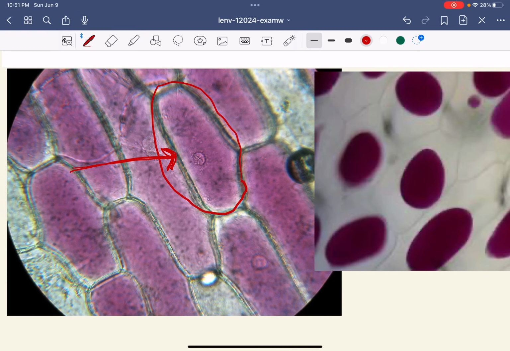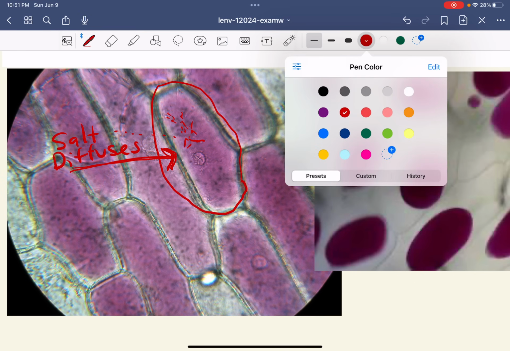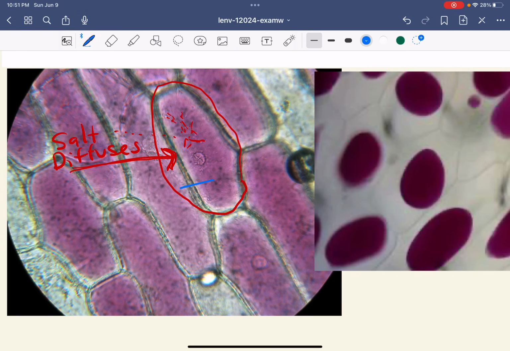The salt diffuses into the onion cell, okay? And in order for the salt to fit in the onion cell, water has to diffuse out. So water is diffusing out and salt is going in.